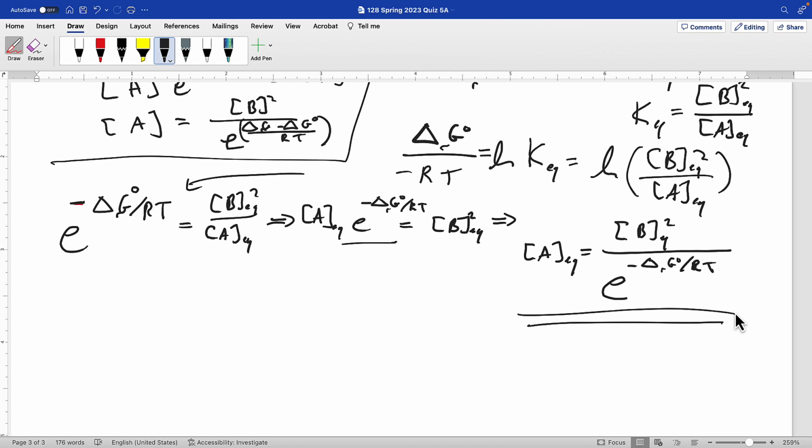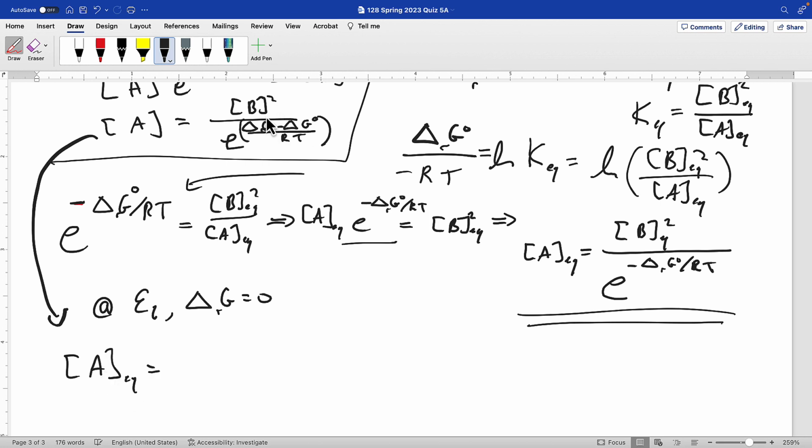That looks different from our answer up here, but if we take that answer and plug in at equilibrium, delta G is equal to 0, right? Because if it were negative, it would go forward. If it were positive, it would go backwards. So at equilibrium, delta G is equal to 0. If we plug that in, we get A at equilibrium.